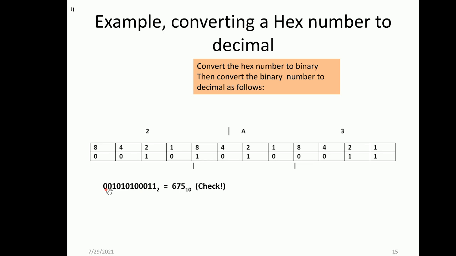But I'd much prefer to remember the number as the hex number 2A3. I can remember that. I can tell you what that is in 10 minutes' time if I have to. 2A3. It's much easier to remember than this complicated sequence.